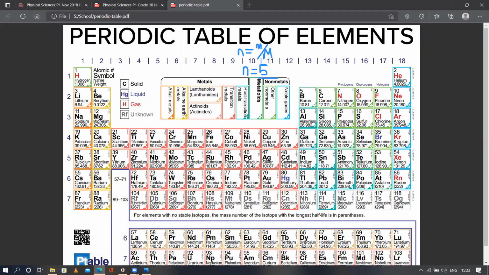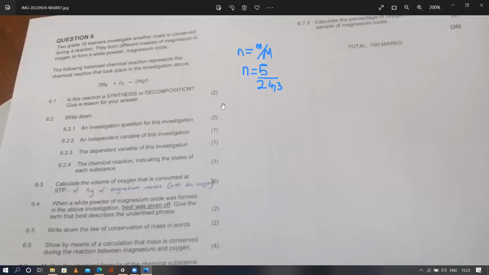It's 24.3. So that's going to be divided by 24.3. Do you guys with your molar masses write it to one decimal place, zero decimal places, or two decimal places? Mostly just one.